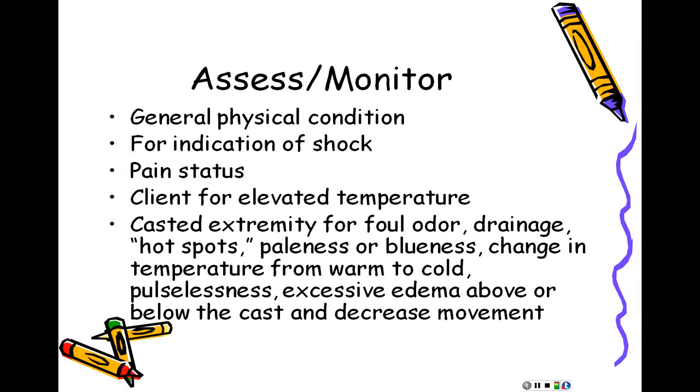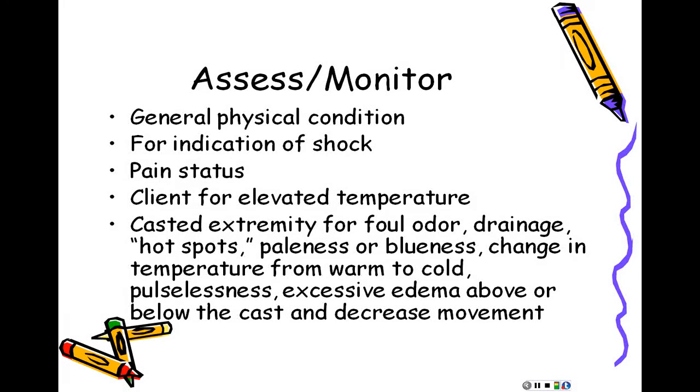And so we want to assess that person for shock, because remember, again, we know that the heart is responsible for pumping oxygen-rich blood throughout the body. So if we have a break in that bone, we're losing large amounts of blood from that bone. Well, then we don't have blood being adequately circulated. And so that puts the patient at risk for shock from a break in the bone.